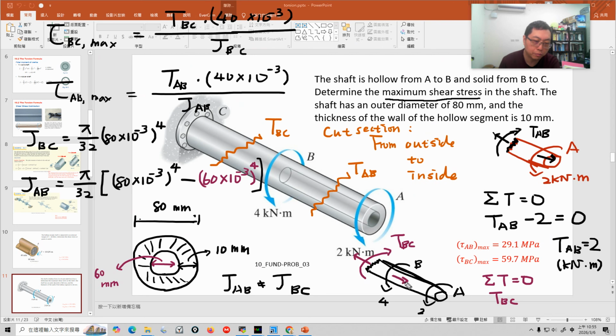And for the A, the same, it's also inward to the surface. So this 4 is negative, this 2 is also negative, so TBC - 4 - 2 = 0. So your TBC is equal to 6, and the unit is the same, kilonewton times meter.